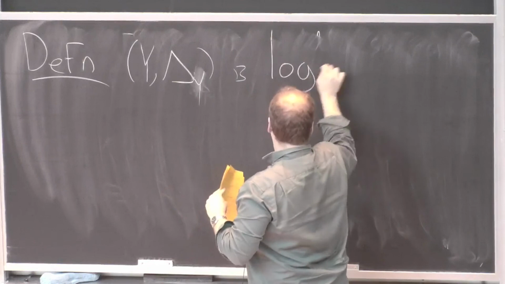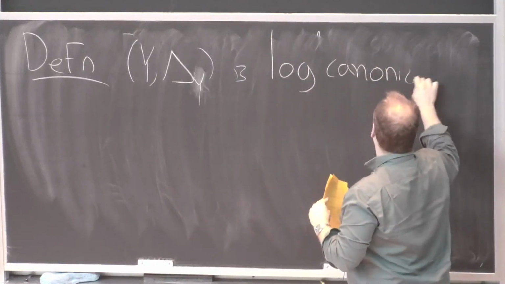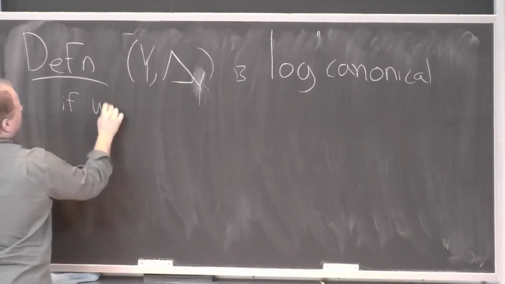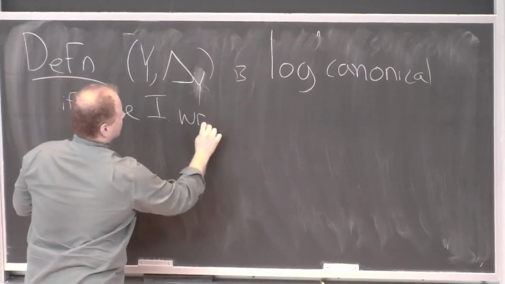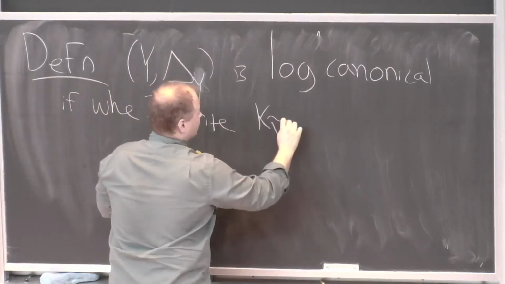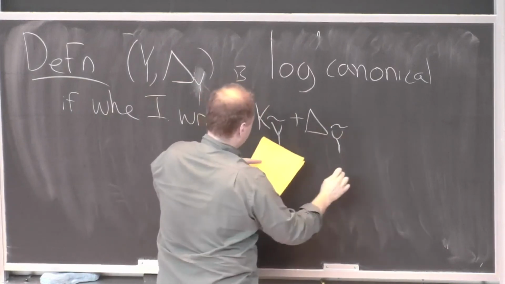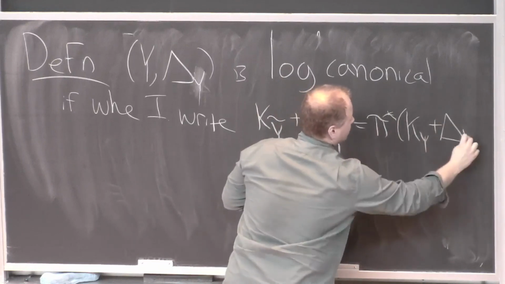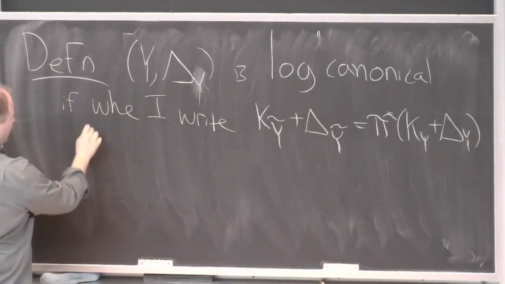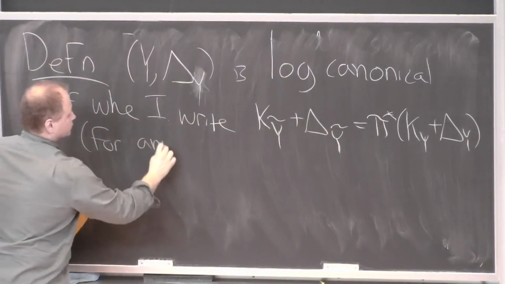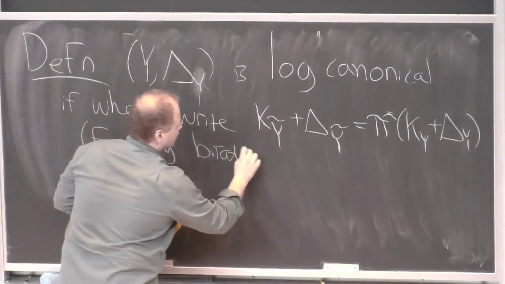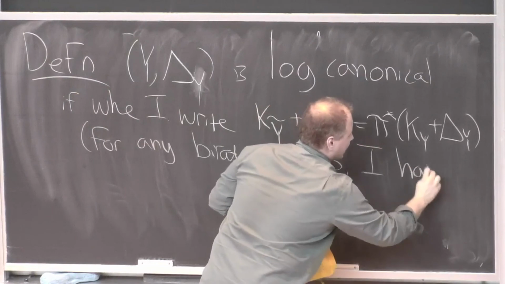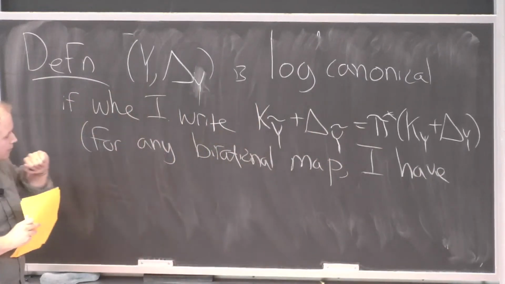This guy is log canonical if, when I write ky tilde plus delta y tilde is the pullback of ky plus delta y for any birational map, or if we have a resolution, it is enough to check on one resolution.